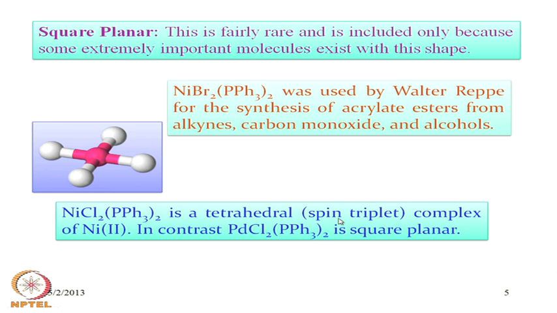So, these are basically the clues. If we are able to measure experimentally the state, that means whether the complex is in spin triplet form or in spin singlet form, we can infer immediately the corresponding coordination number as well as the geometry for these molecules. That means whether it is a nickel compound of coordination number 4 or a palladium compound of coordination number 4. Okay, thank you very much.